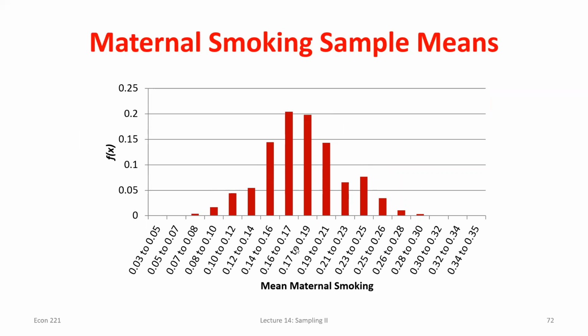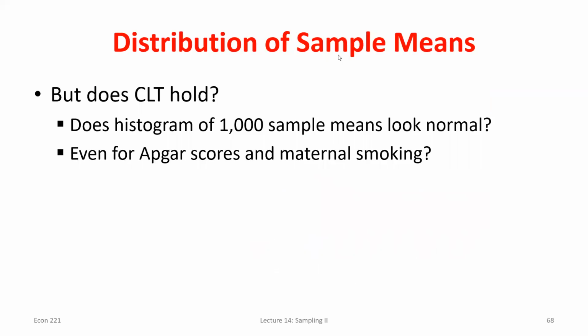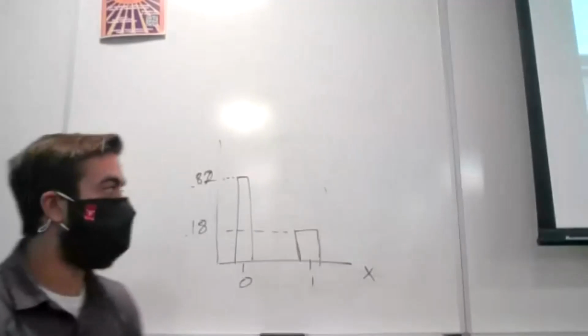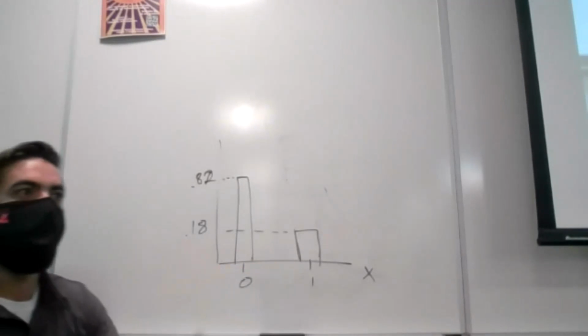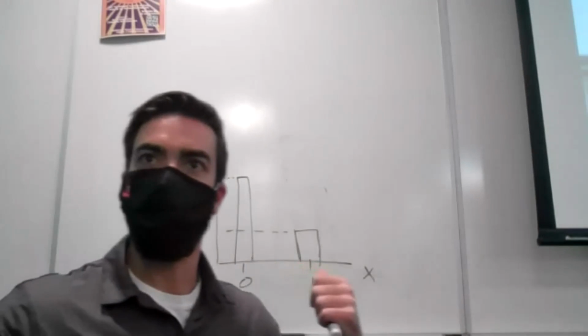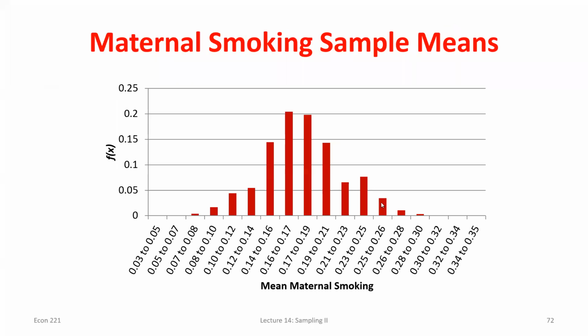If I hadn't created the bins as wide here, I'd see an even more continuous, nice normal distribution, even for that maternal smoking variable, which remember, started out as, actually I had it drawn here. The original variable didn't have a normal distribution, but the sample means of that maternal smoking variable did have a really close to normal distribution.